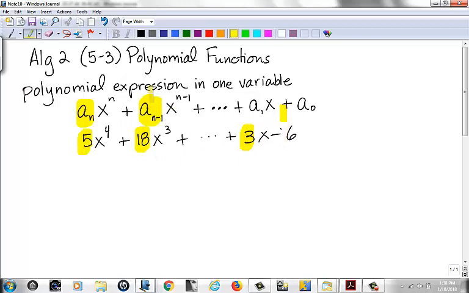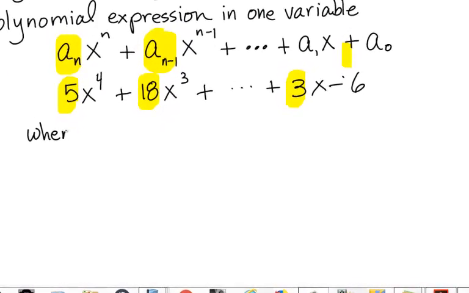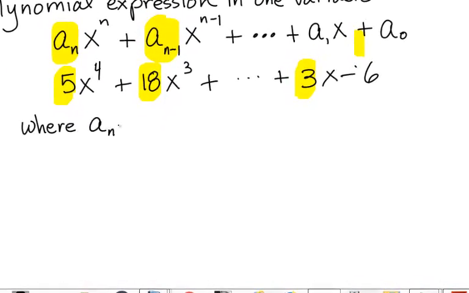Okay, there's some qualifications here. The a sub n cannot equal 0. Look how I write this, all the a sub i's are elements of the real number system.